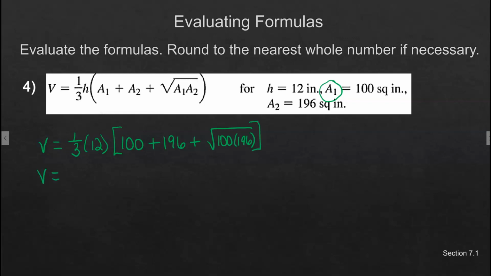Okay, so then we just have quite a bit of calculating to do. 1/3 of 12 is 4, so we can go ahead and figure that. 100 plus 196 is 296, plus the square root of 19,600.